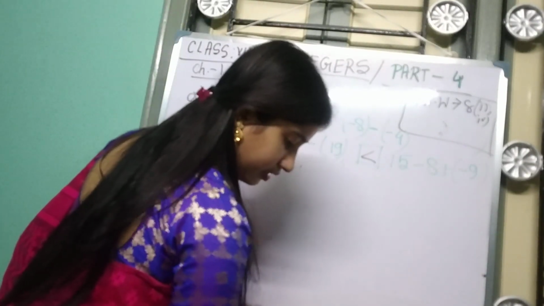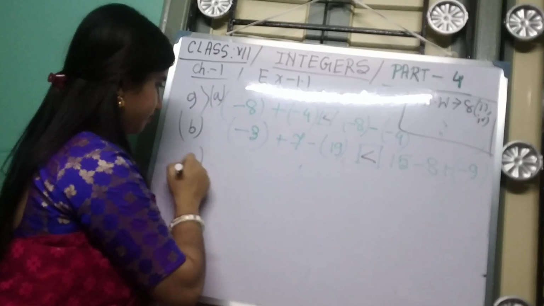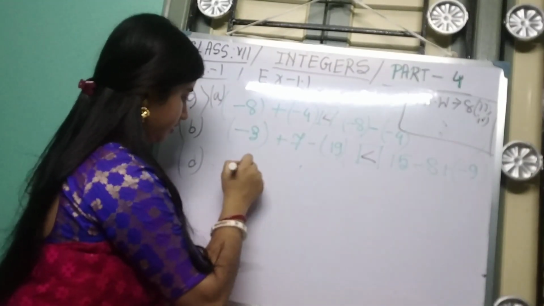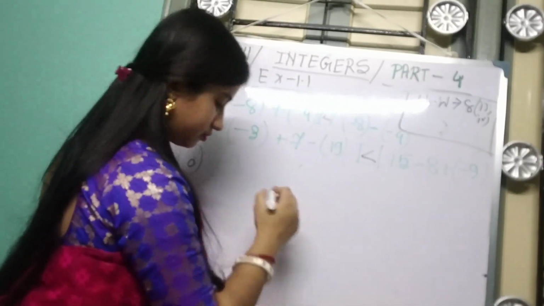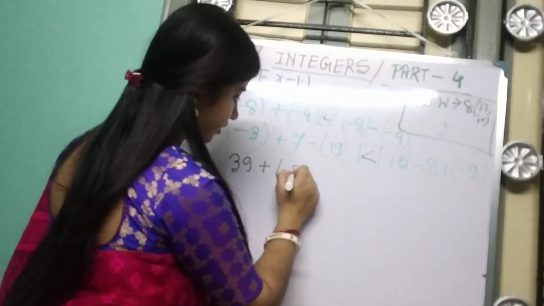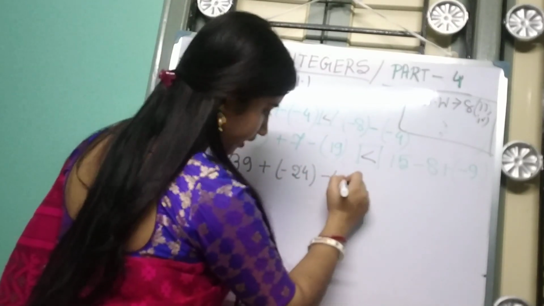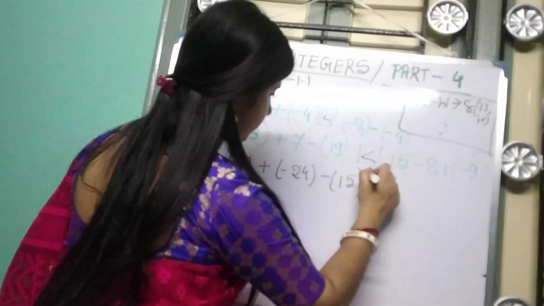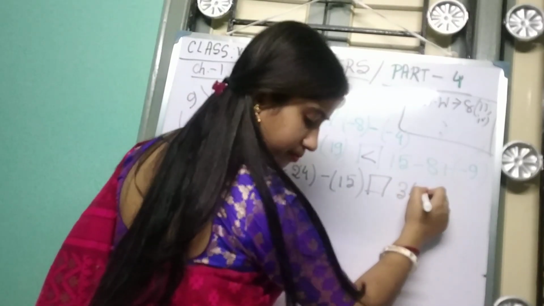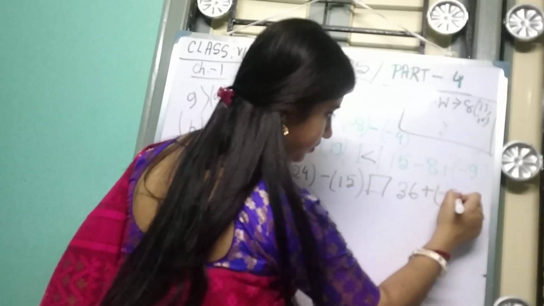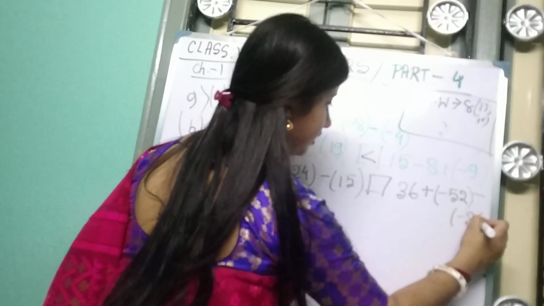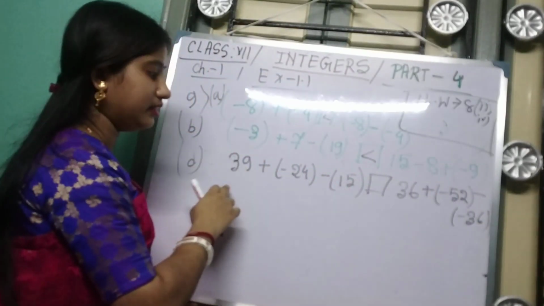Now next we try number d. In number d, it is given 39 plus of -24 minus 15, box. Left hand side is 36 plus of -52 minus of bracket -36. Now first we try this side.